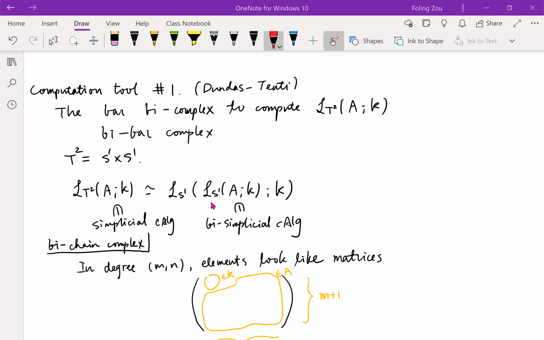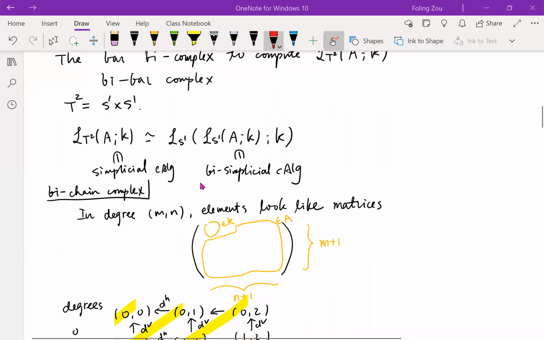And here on the right-hand side, there are two S1s. So we can think of this as a bisimplicial object, and the left-hand side as the diagonal of this bisimplicial object. But if we compute the bichain complex associated to this bisimplicial object, we can compute that in low degrees.